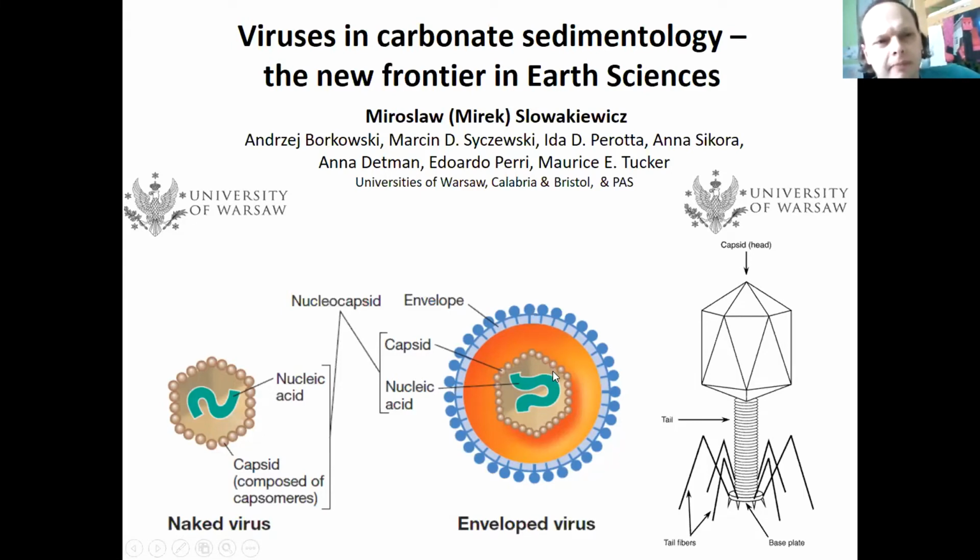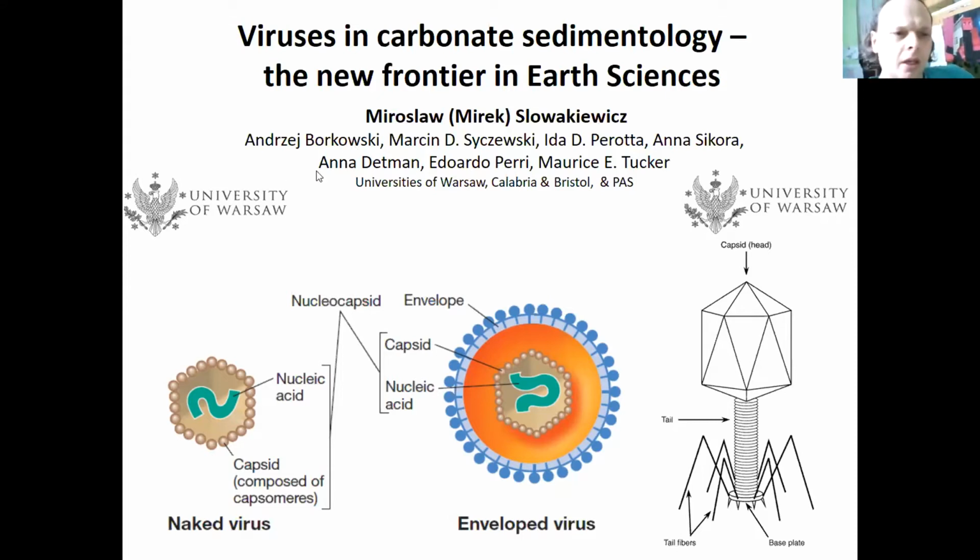This genetic material can be either DNA or RNA, which is later transmitted to the host cell, or a different host, which will be human, animal, or any living thing.